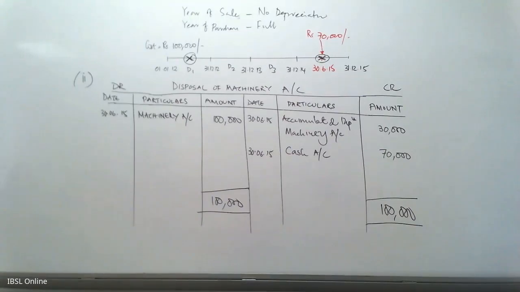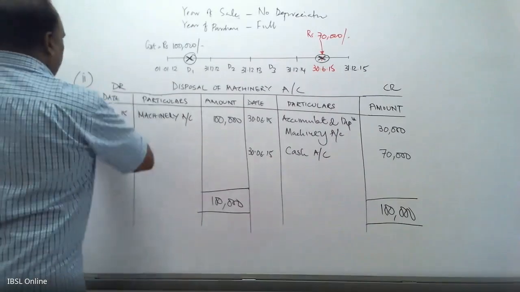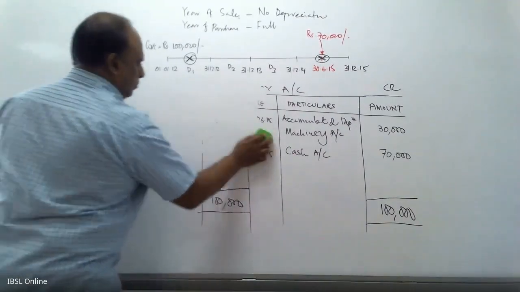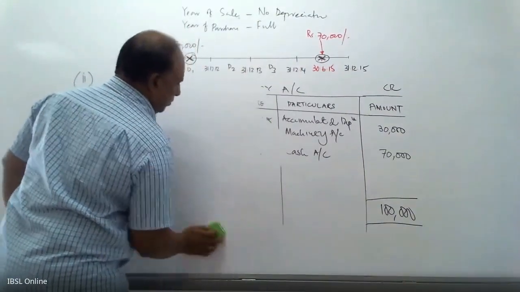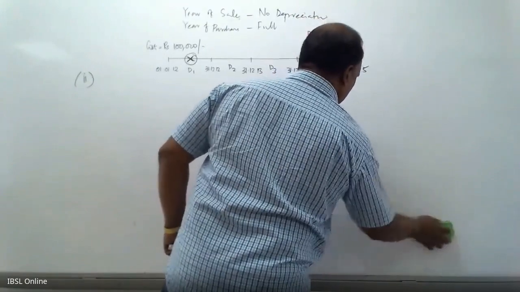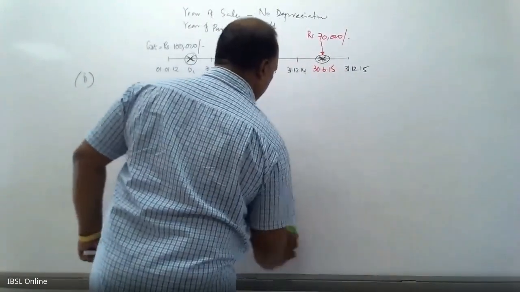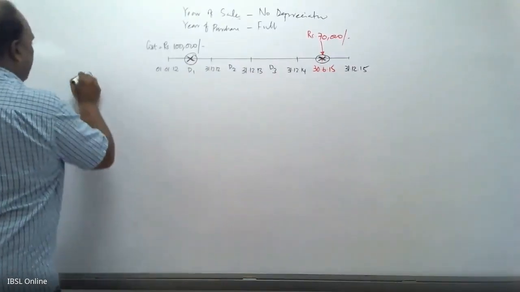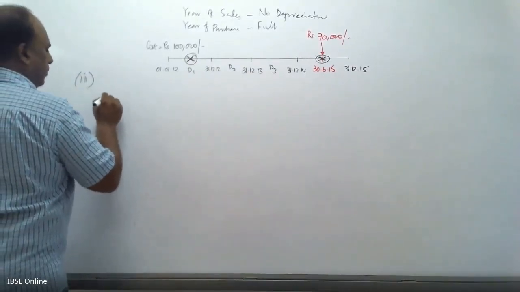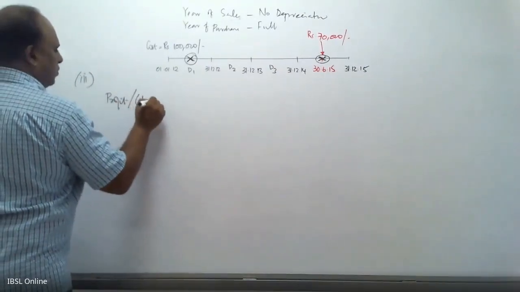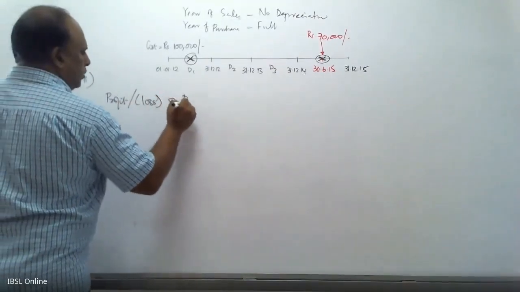Okay. So now we'll look at the last part. Part 3 is to calculate the profit or loss on disposal.